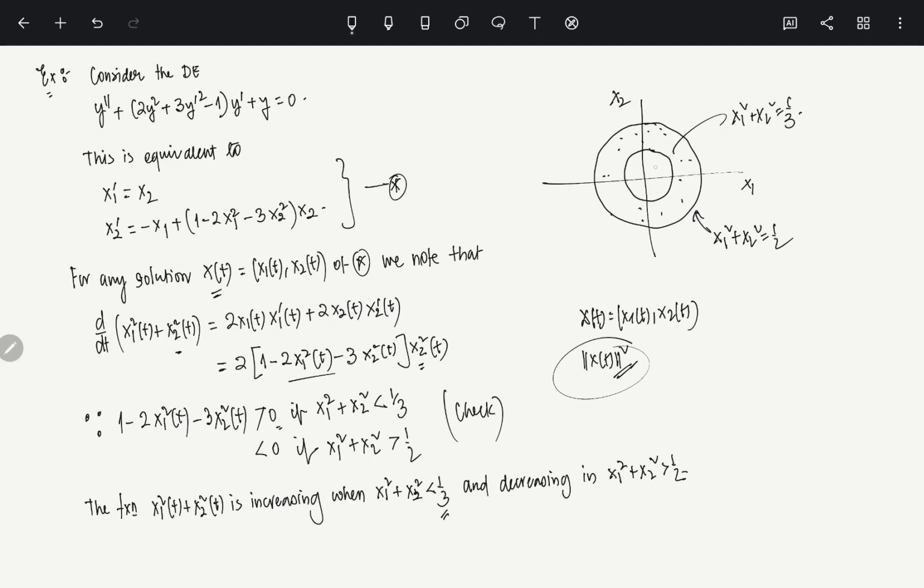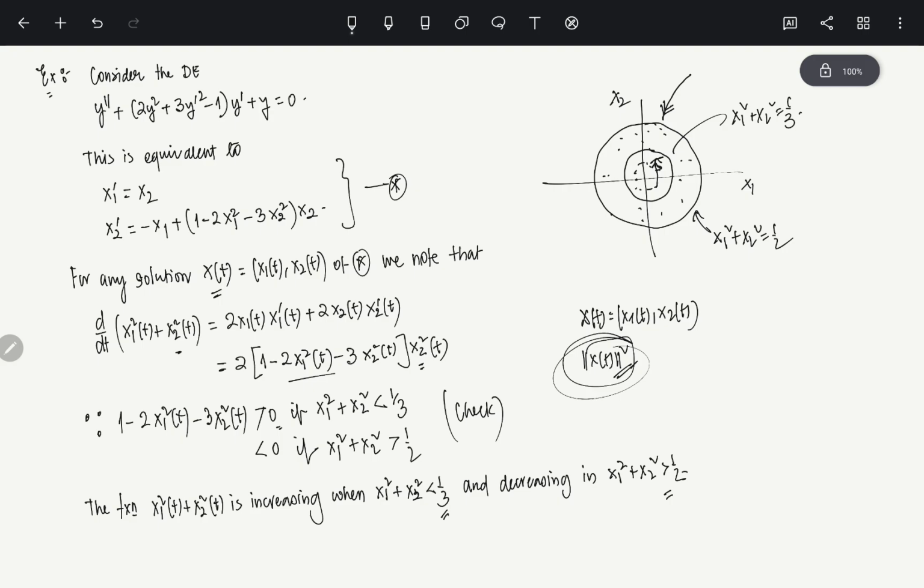If your trajectory is in this area, going towards the boundary, it is increasing, and it is decreasing in x1 square plus x2 square greater than half. If your trajectory is in this position, the norm is actually decreasing.